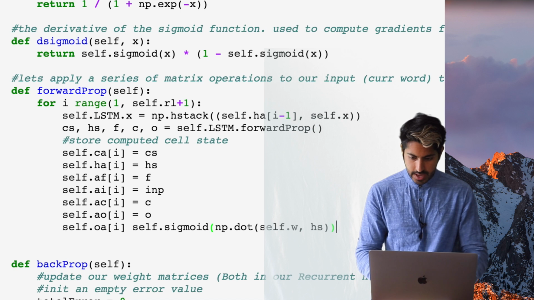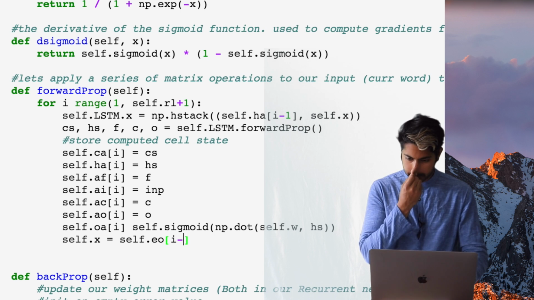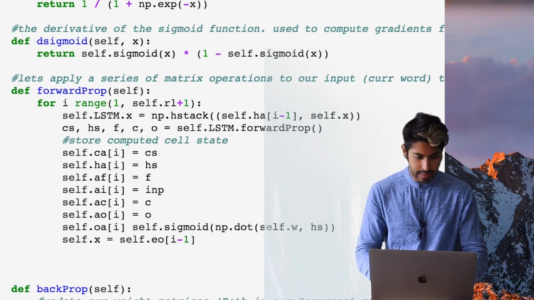Yep. And then we'll set our input, because we've computed an output, we want to set our input to the next word in the sequence, right? Because we're going to keep going. And then when we're done with that, we can return the output prediction.